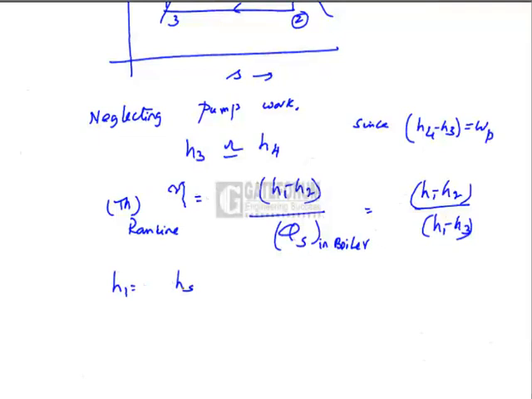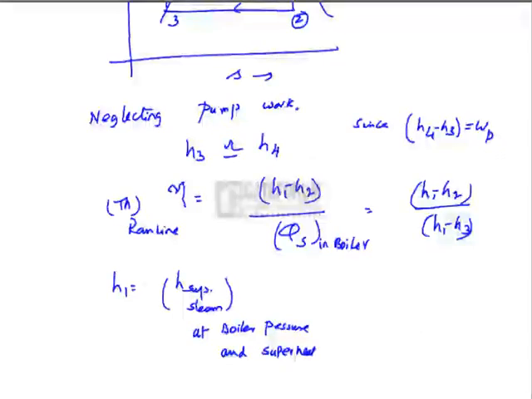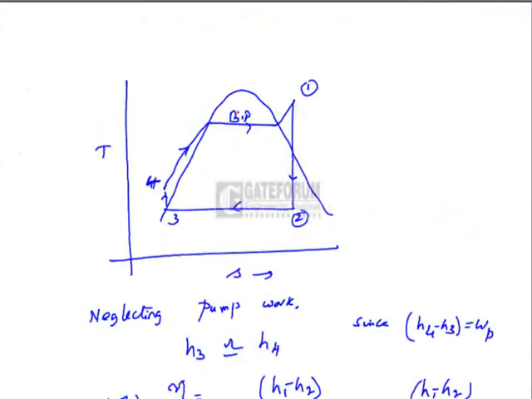H1 is the enthalpy of the superheated steam at boiler pressure and superheat temperature T1, which is obtained from the steam tables, because once the boiler pressure and superheat temperature are known, we can easily read the enthalpy from the steam tables.